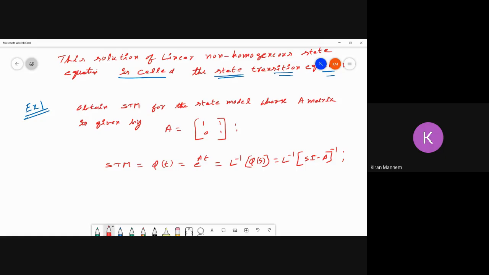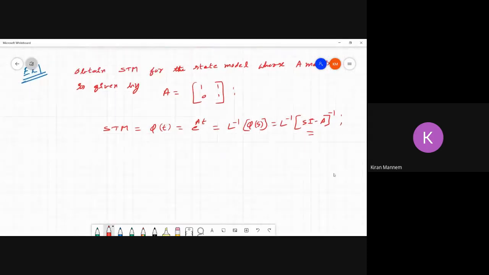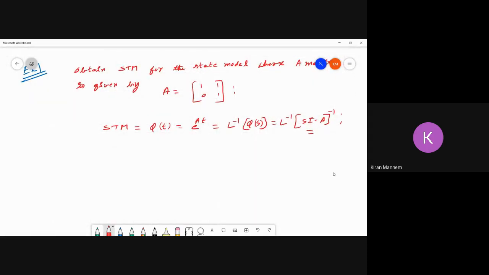So to find the state transition matrix, I need this inverse of (sI minus A). So I can find sI minus A.